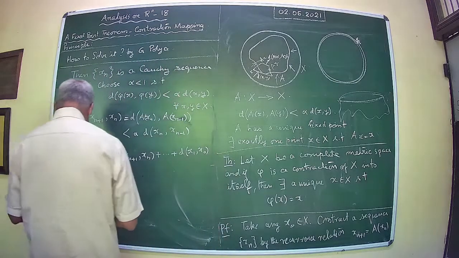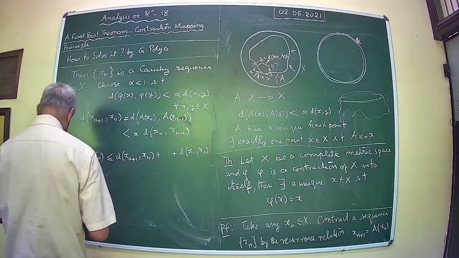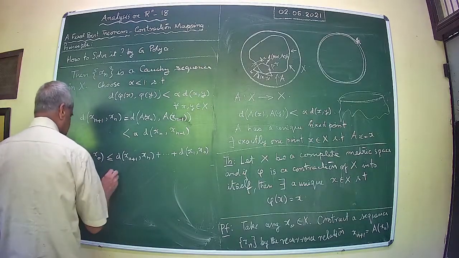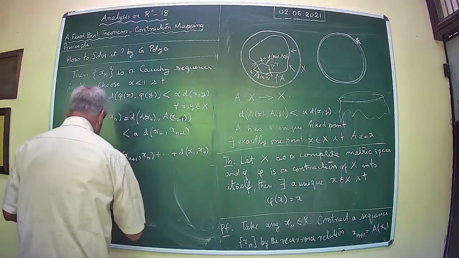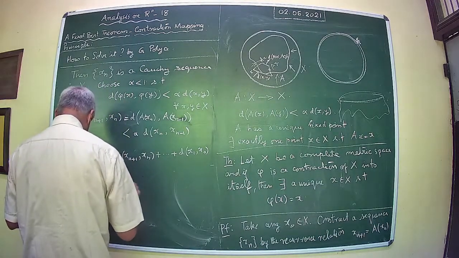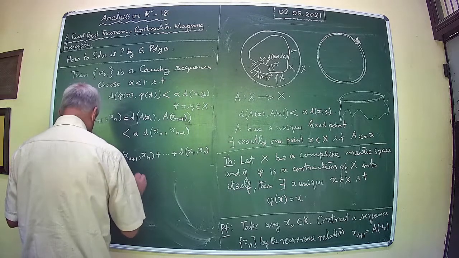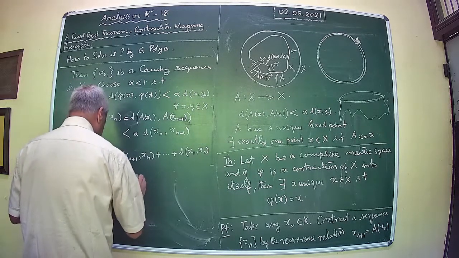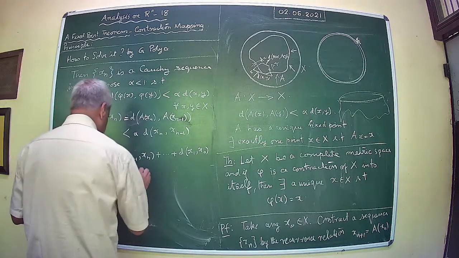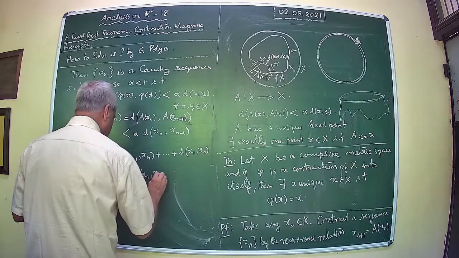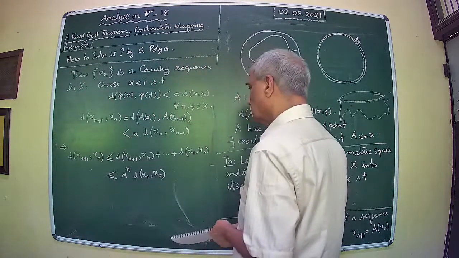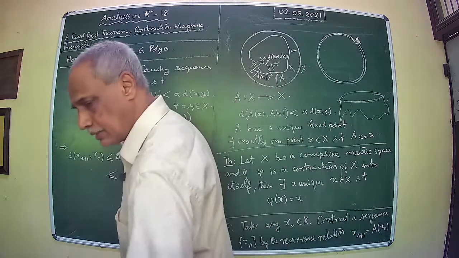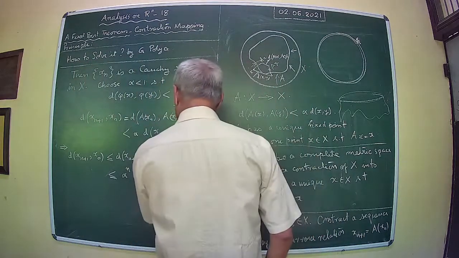Now apply this with this inequality, therefore this is less than or equal to alpha to the power, sorry, I think this is not the one that I want to use.